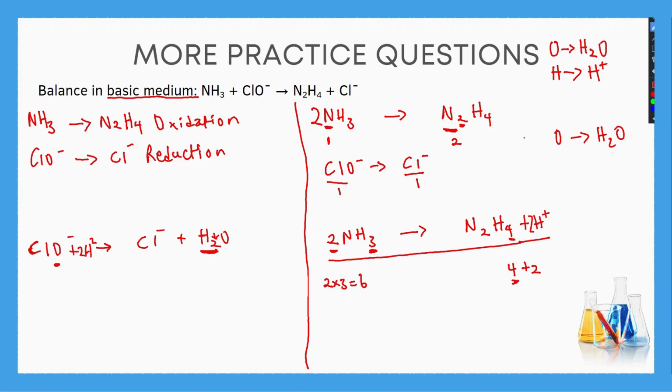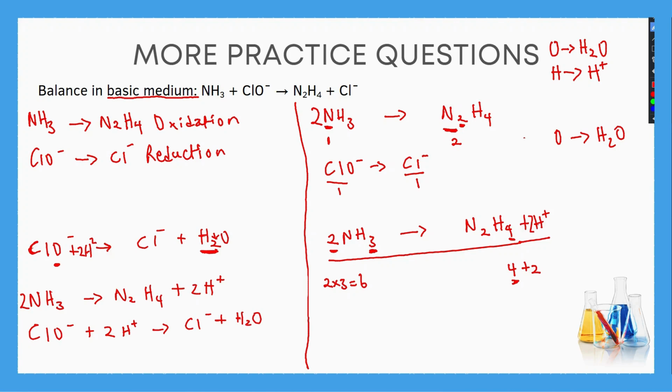So now what we have as our 2 new equations will be 2NH3 yielding N2H4 plus 2H plus, and then we have ClO minus plus 2H plus yielding Cl minus plus H2O.